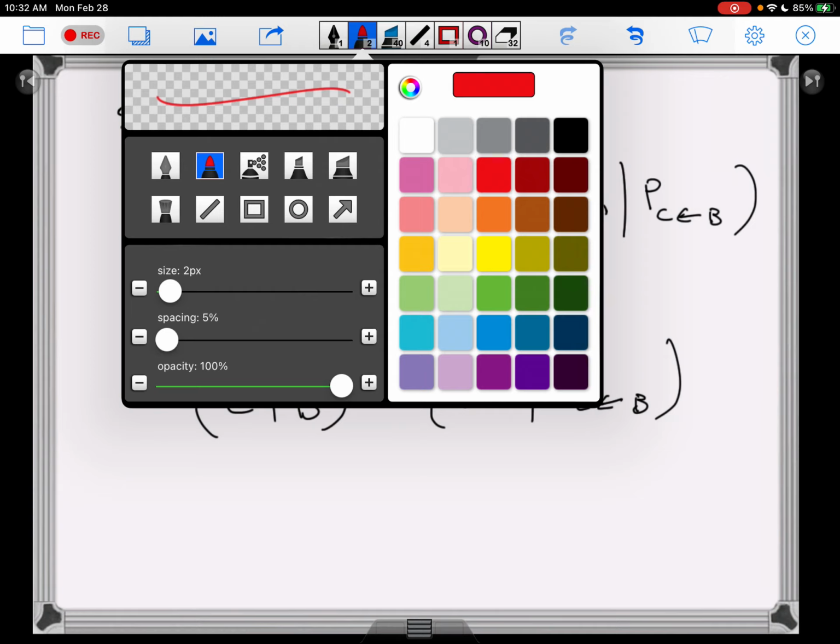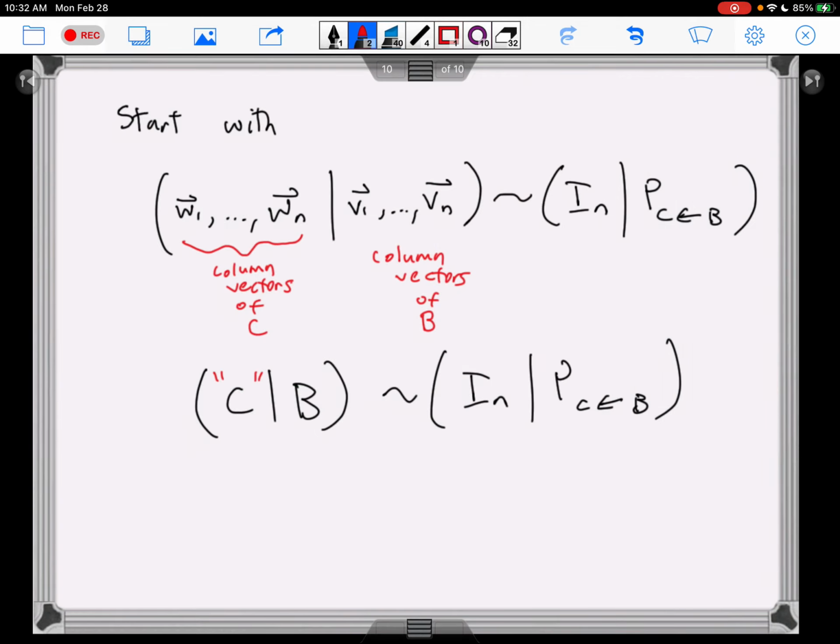But just be aware that this is not really C and B, because C and B are bases, right? But the way you want to think of it is, their vectors make up that matrix, right? And so that's what we're doing, is we're sort of taking their vectors, turning them into matrices, and then you can solve this using a single computation, which is very nice.